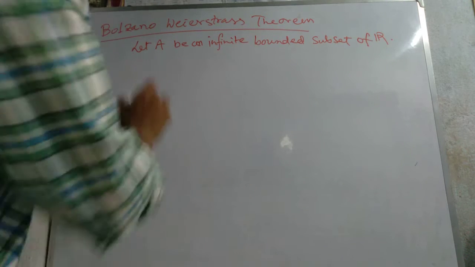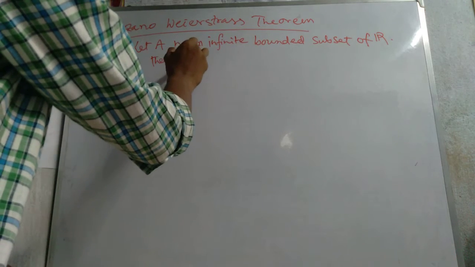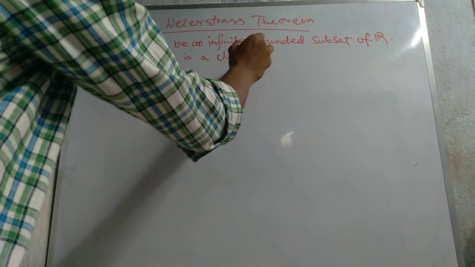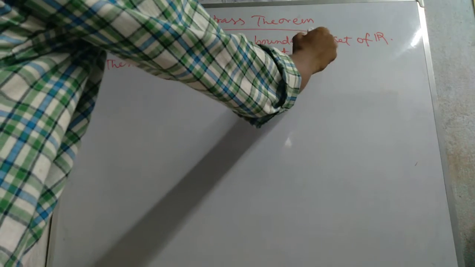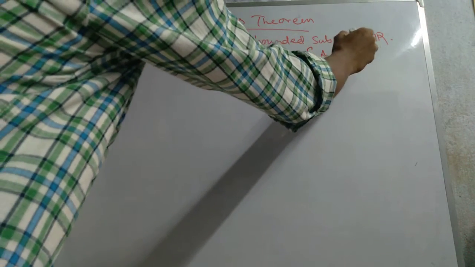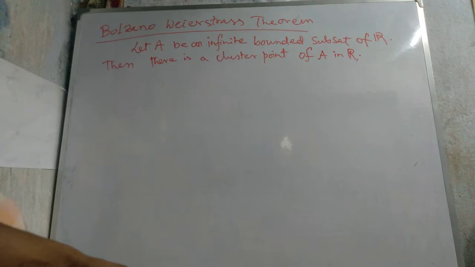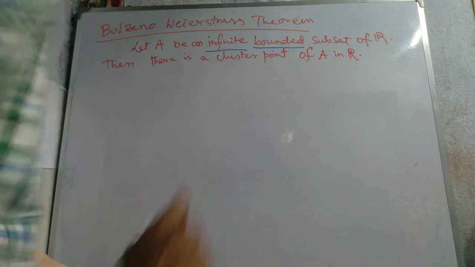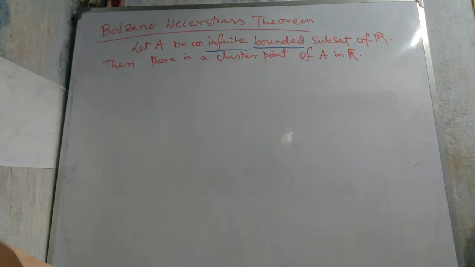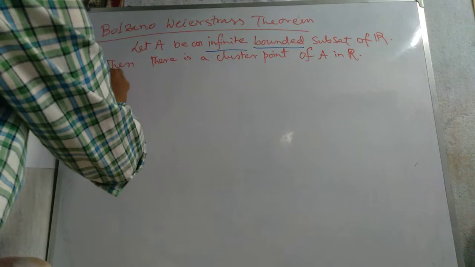Then there is a cluster point of A in R. How do we prove this one? Okay, A is an infinite bounded subset of R. Then there is a cluster point. Okay, we prove it now.